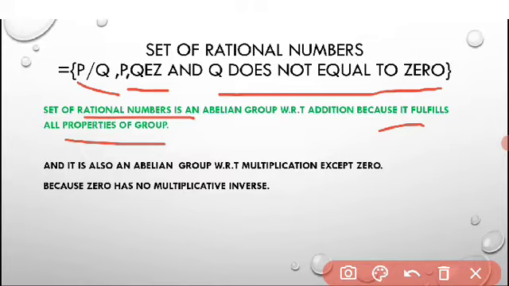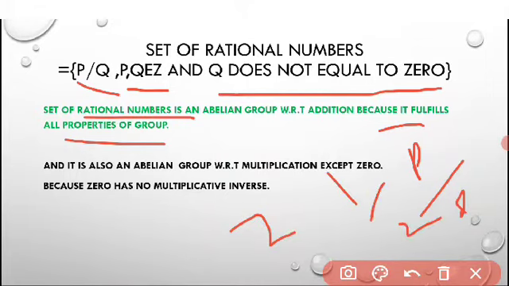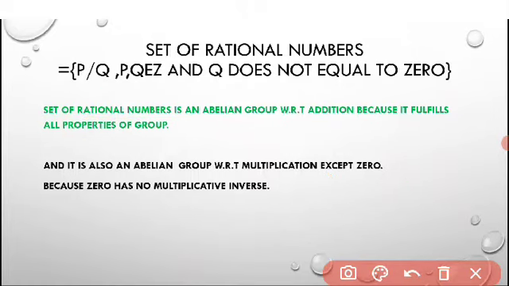And with respect to multiplication as well, because here is p by q, which means that if 2 is there, then 1 by 2 is also there in the set of rational numbers. That's why the multiplicative inverses also exist, and the commutative law also holds. That's why it is called an abelian group, and also an abelian group with respect to multiplication except 0.